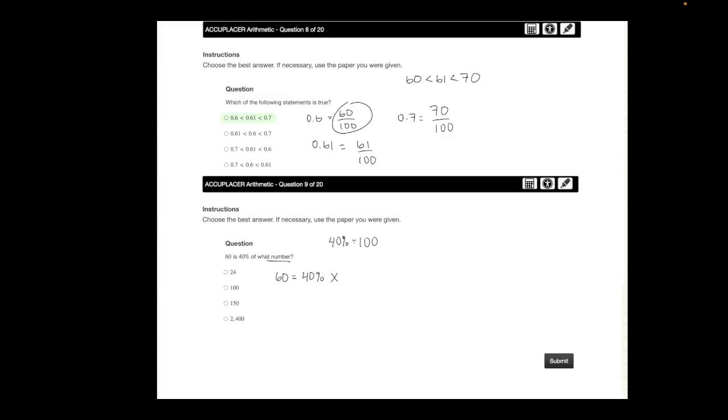by 100, and that's going to give us 0.40. So this would be 60 is equal to 0.4 times x. And now we just solve for x here, and we'll divide by 0.4, and our answer is going to be 150.